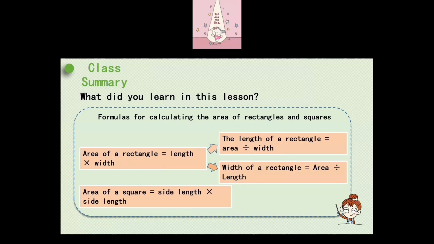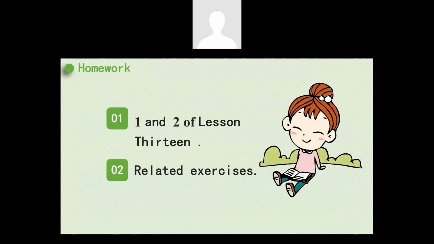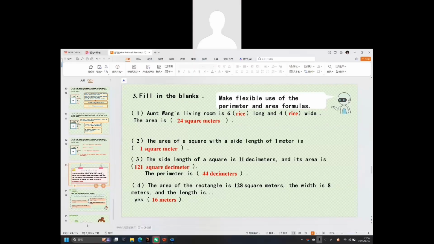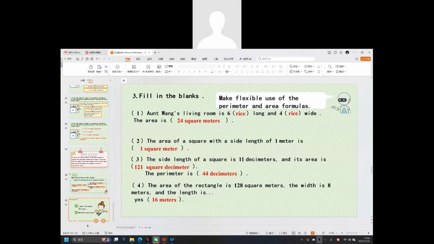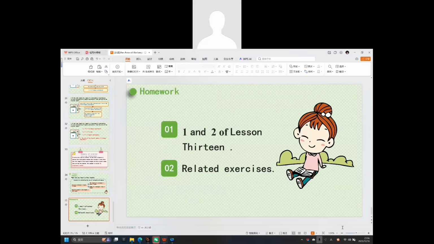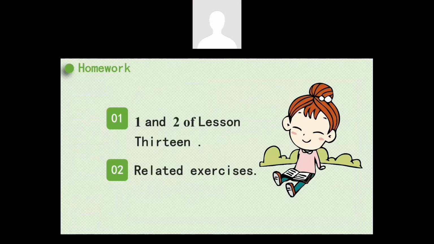Rectangle A equals L times W. Square A equals S times S. Mistakes: unit conversion, mixing perimeter and area, forgetting squared units.